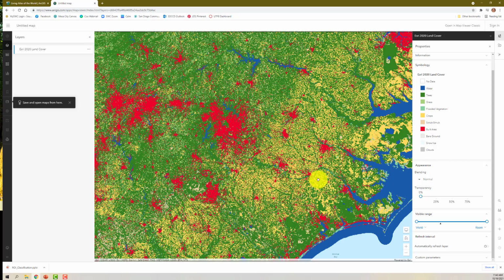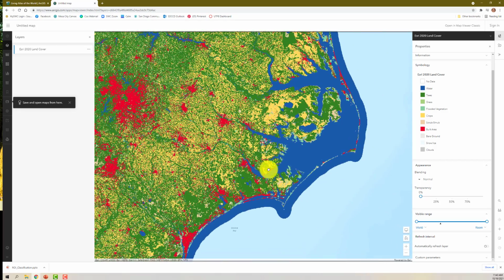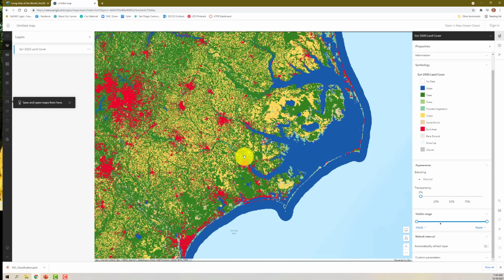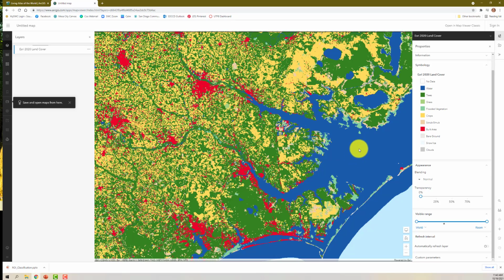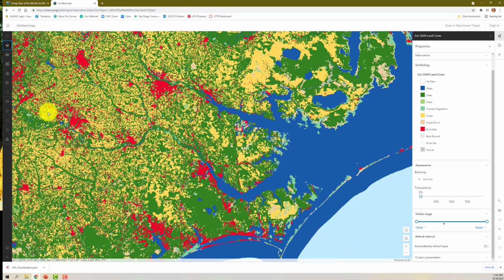So here is an area on the East Coast, and it's showing a wetland area next to some land cover. And again, very easy to distinguish that water feature class from the surrounding areas.